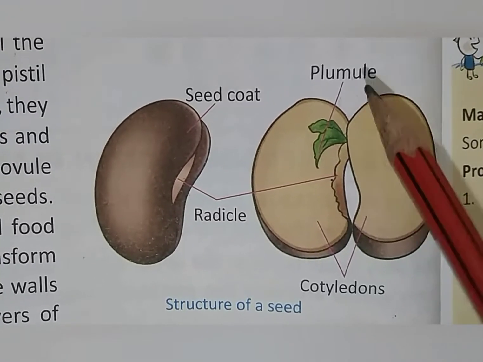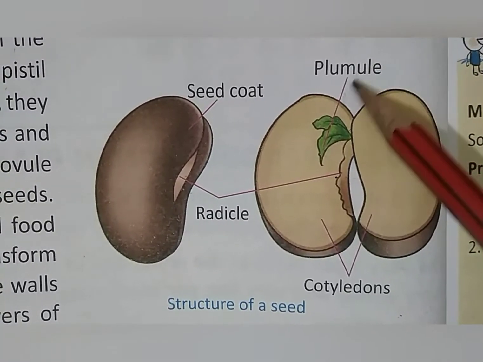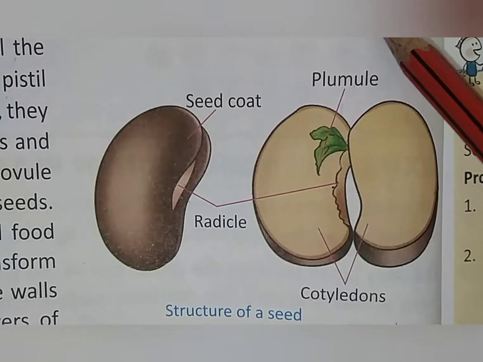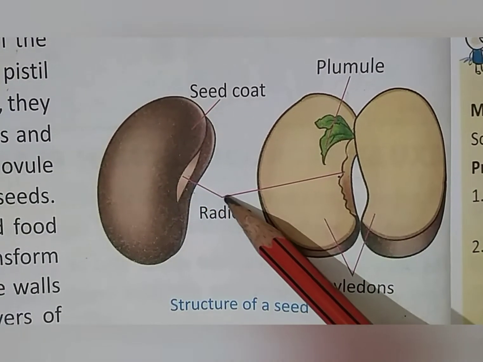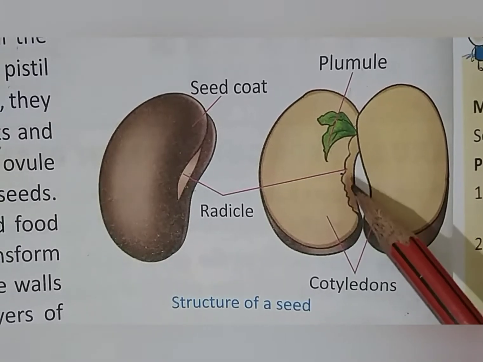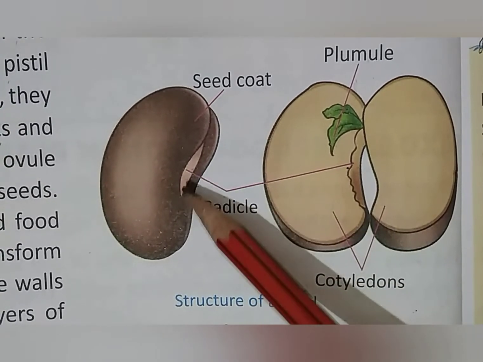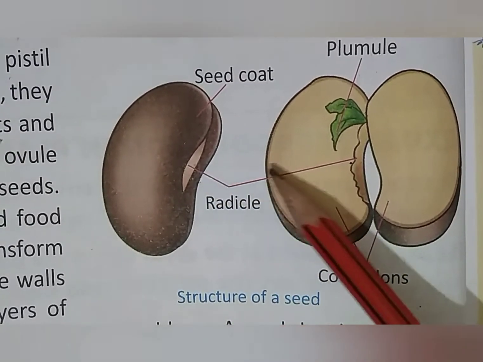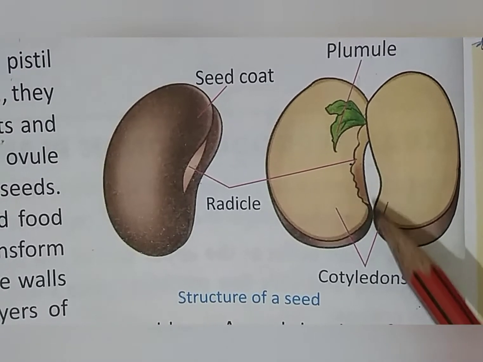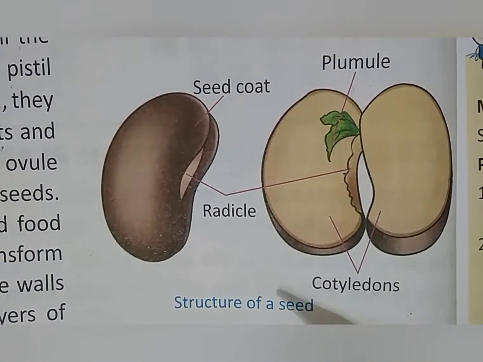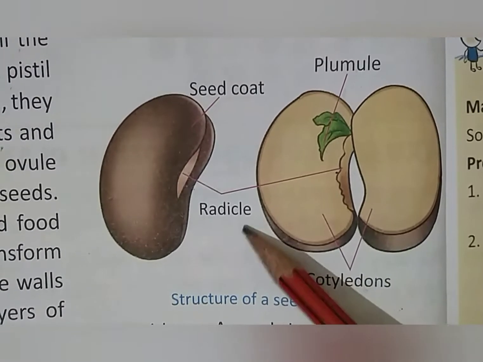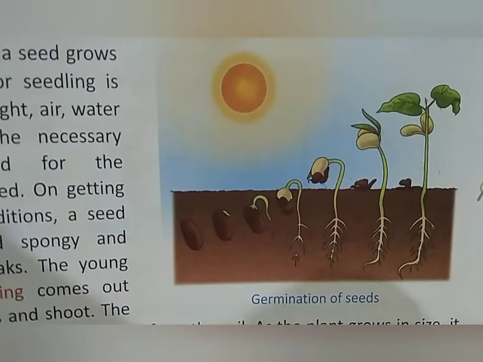When a seed germinates, the plumule develops into the shoot system which grows above the ground level. Now you can see this is the radicle. The radicle arises from this small opening and grows downward, towards the ground. On germination, the radicle develops into the root.